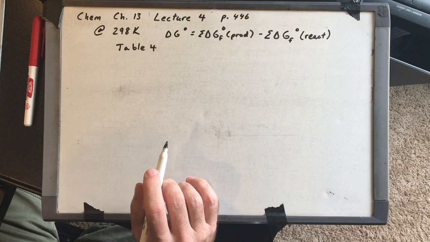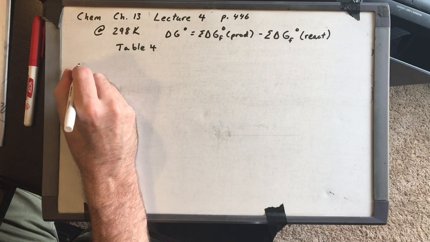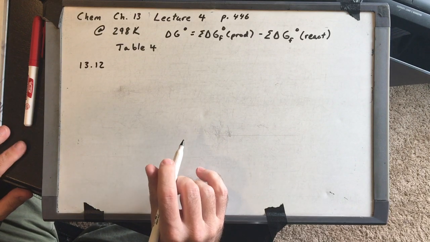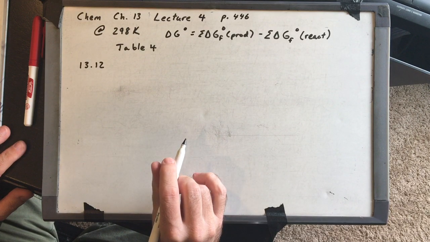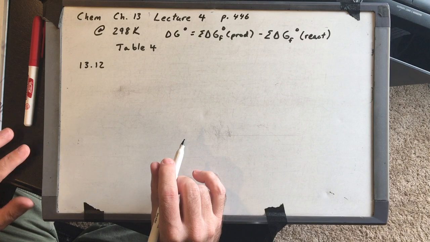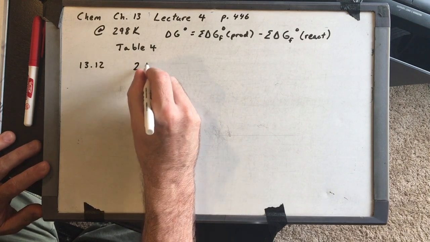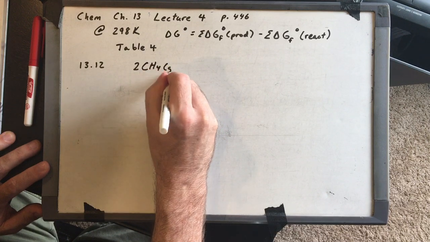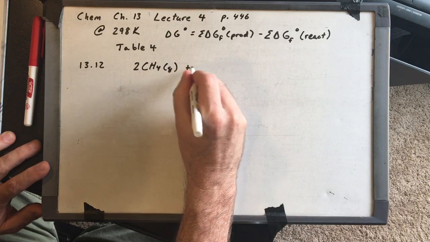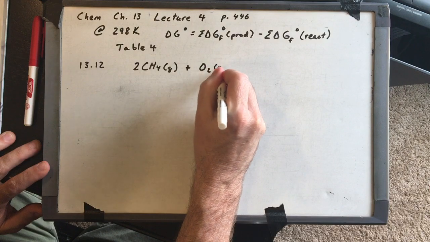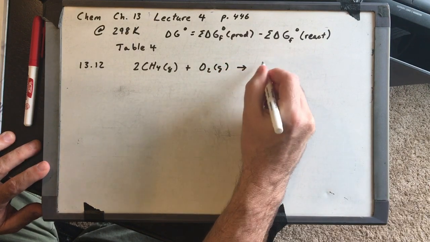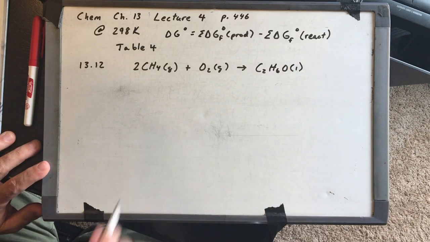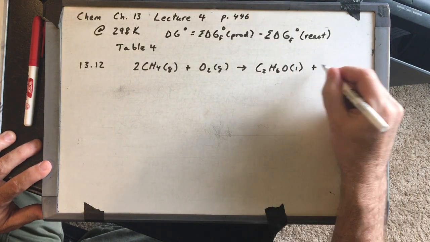All right, on your own 13.12 says, is the following synthesis of ethyl alcohol a spontaneous reaction at 298 K? Well, let's write out the reaction. We've got methane plus oxygen, and that makes C2H6O liquid plus liquid water.